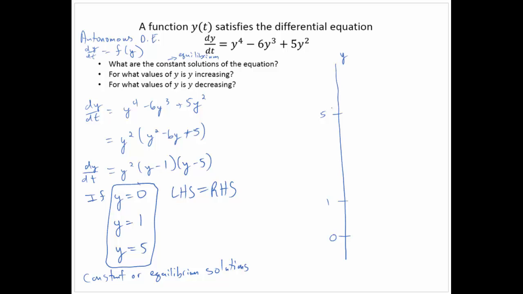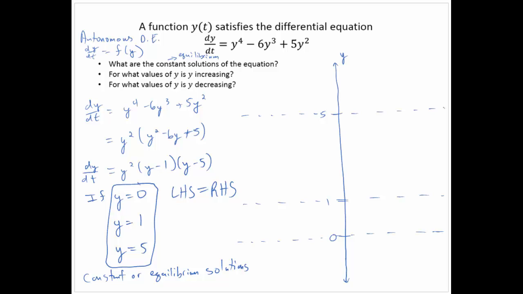And basically, I'm going to test some values here. At y equals 0, dy/dt is 0, and so we get a horizontal line, and basically it's an asymptote. And that's the same thing that happens at 0, 1, and 5.